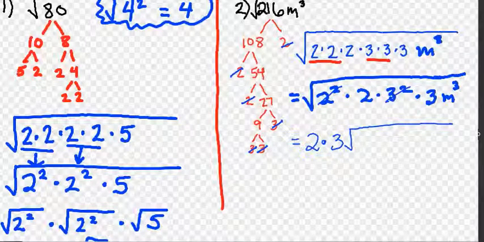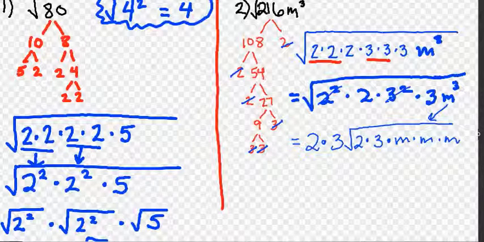And then what we're left with is 2 times 3 times m to the third. But I'm going to write m to the third as m times m times m. And then again, I can do the same idea. This is m squared, and therefore we can pull out an m because it's just like these numbers. We could pull out a 2 from a 2 squared.